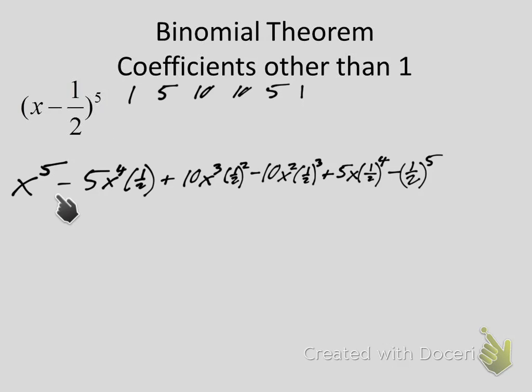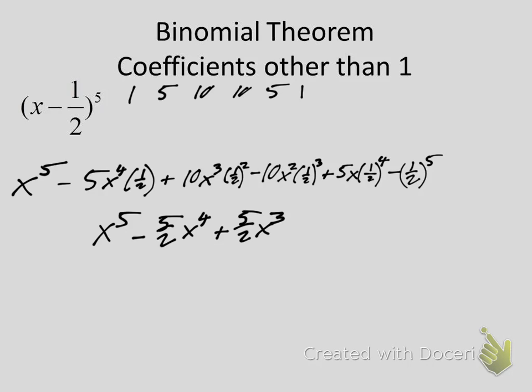Okay. So until you're comfortable with it fully, you might have to write it out twice. But other than that, you're just hanging tight with it. So x to the fifth minus 5 times 1/2 is 5/2 x to the fourth plus 1/2 squared is 1/4 times 10 is 10/4. Reduce that, 5/2.